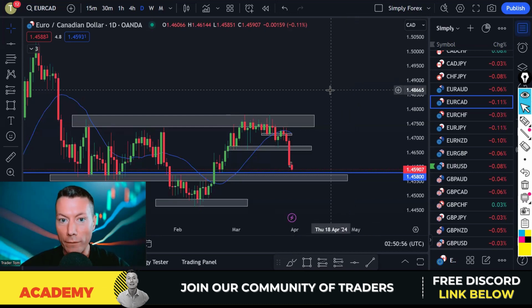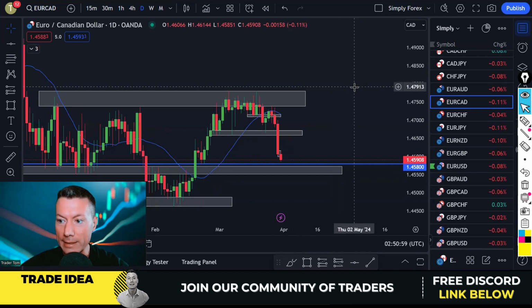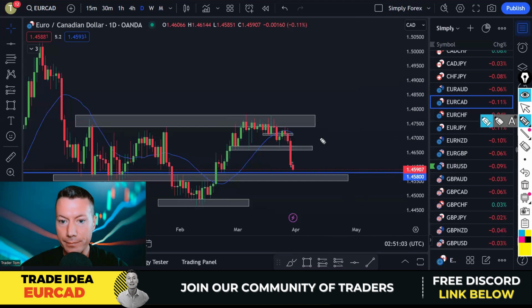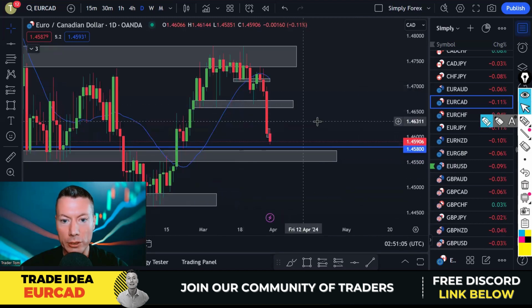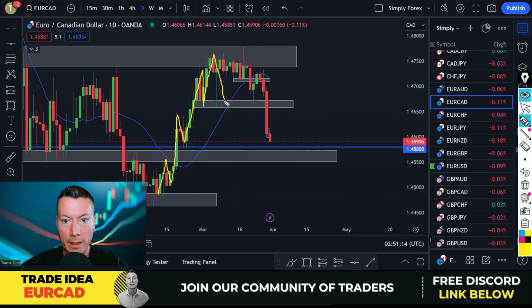Right, trades. So first one for today is Euro Canadian dollar, and we are looking to sell this. So why are we looking to sell it? Well, let's just follow structure first and foremost. We were in this uptrend, and then it became a little bit choppy.